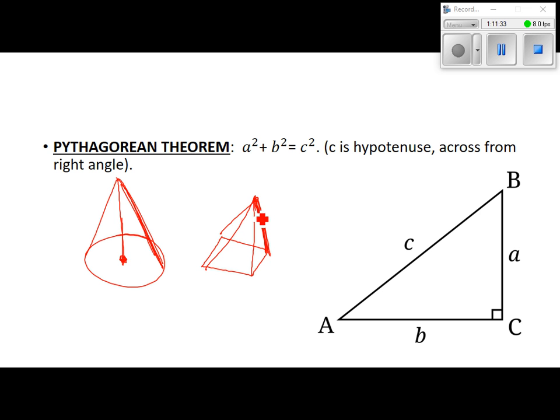Slant height comes down the side, the middle of one of the sides. Or the regular height that comes down into the middle here forms a right angle.